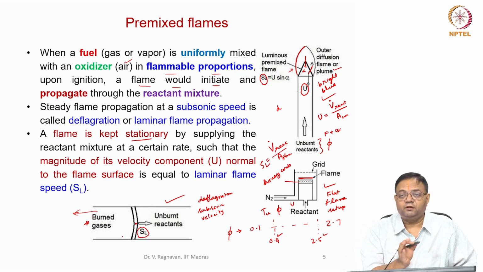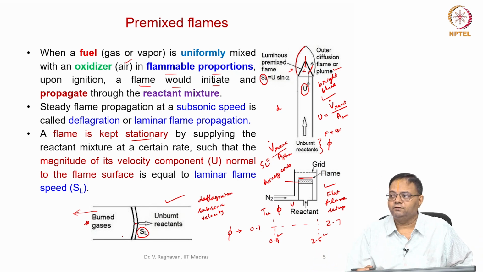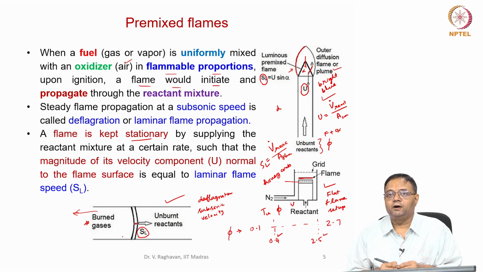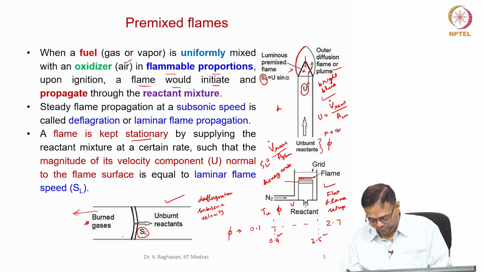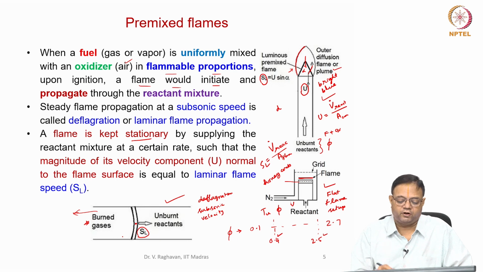In the first case, I allowed the flame to freely propagate over the mixture. So, in all the cases, the characteristic is the SL, that is the laminar flame speed. So, an important characteristic of a premixed flame is nothing but the rate at which the flame propagates consuming the mixture, which is a very important parameter for us. And obviously, this will depend upon the configuration.